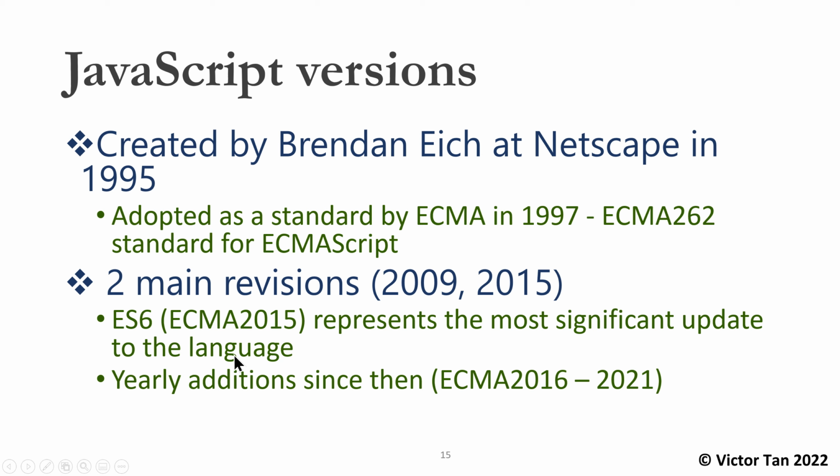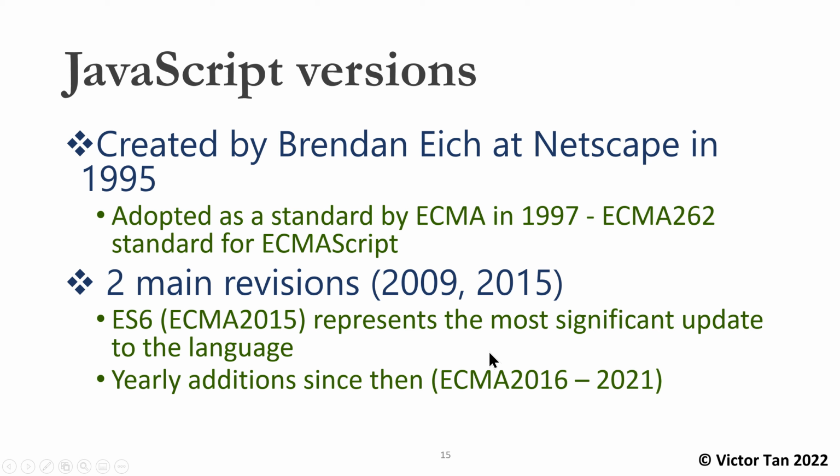And then since 2015 up to roughly 1 or 2 years ago, you have had yearly updates to the JavaScript language. But ES6 still remains the reference for JavaScript. Now ES6 is fully supported by the latest version of all the major browsers, so Chrome, Edge, Firefox, Safari, and so on.